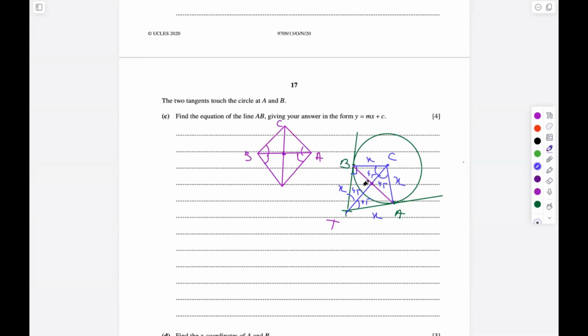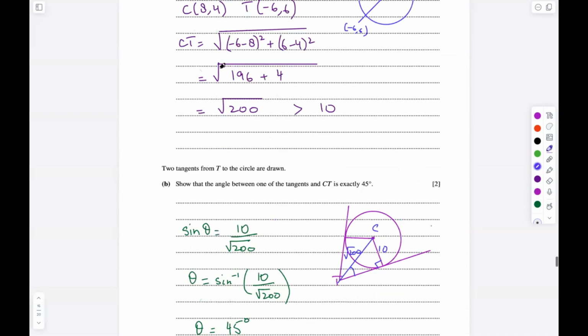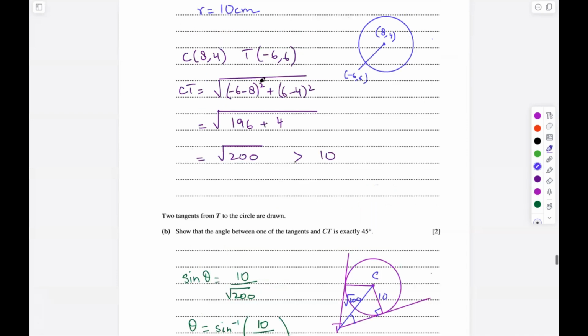Now to find the equation of the line AB, we need a point on the line AB, and the point on the line AB will be the midpoint of CT, because all these lengths are equal. So first, finding the midpoint of CT, that will be equal to (x1 plus x2) upon 2. We know the coordinates of C and T are (8, 4) and (minus 6, 6).